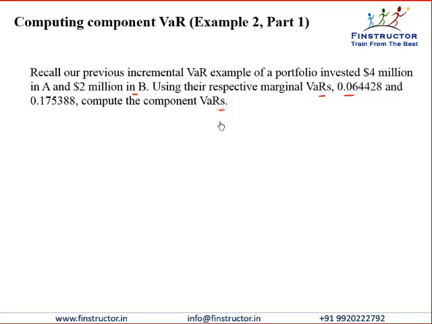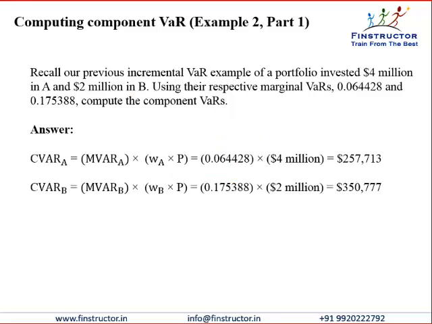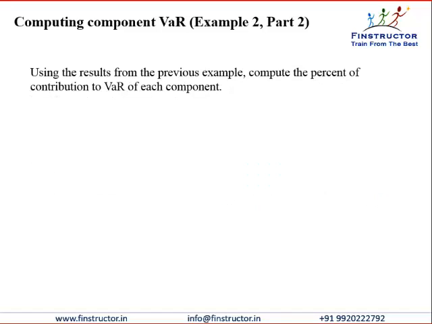So again a similar calculation, it will be the marginal VAR multiplied by the value invested in the portfolio, that is 4 million in the case of A, and 0.175388 multiplied by 2 million in the case of B. This is the amount the VAR will come down by if we reduce that asset from the portfolio.